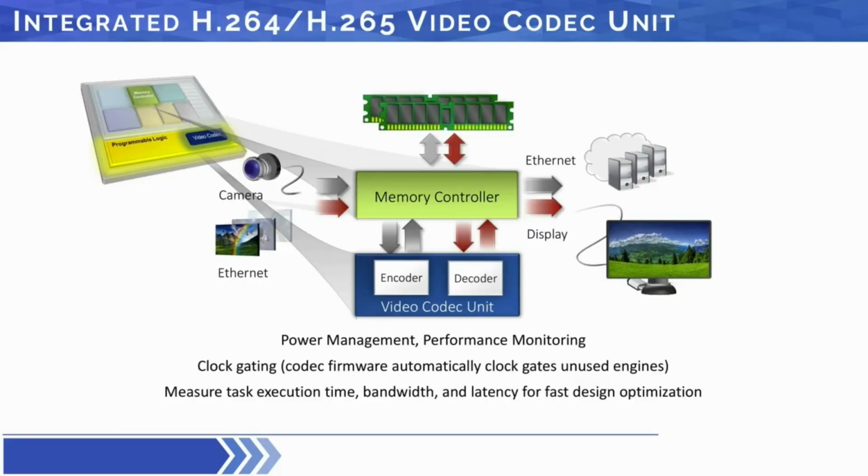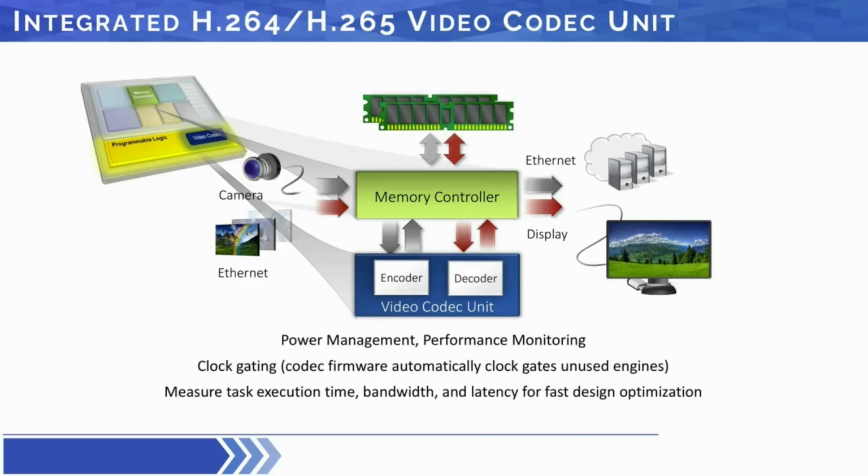Now looking into the video codec unit. The video codec unit is an integrated block in the programmable logic of the MPSoC. So this makes it no direct connection to the processing system, which contains the encoder and the decoder interface. Here what I've highlighted is the codec block itself, but also the hardened memory controller within the processor system.